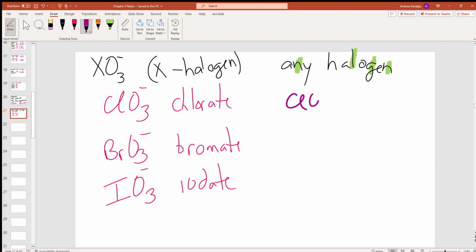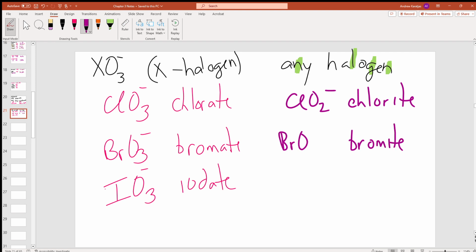So ClO2 minus is chlorite. Bromite, BrO2 minus, and iodite, IO2 minus.